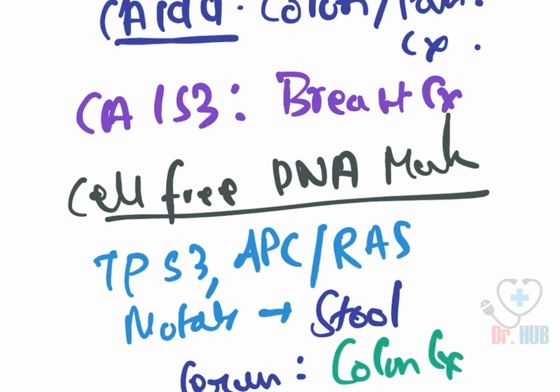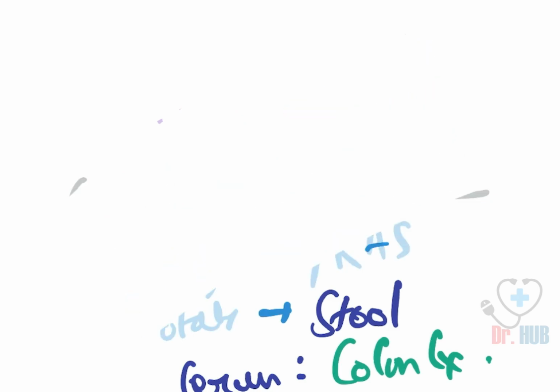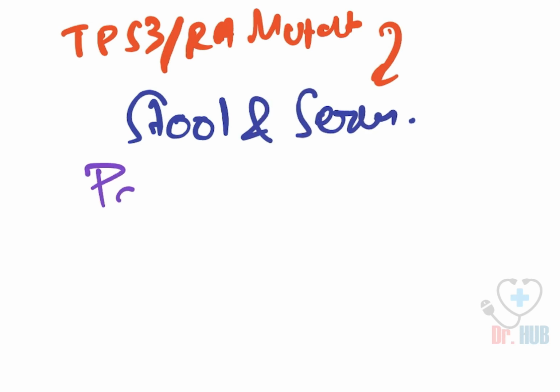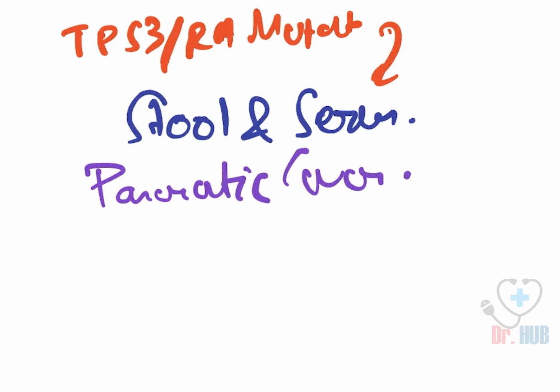It is seen in case of the colon cancer. And next, looking at the similar one, that is the TP53 and RAS mutants, present in the stool as well as the serum. This is seen in case of the pancreatic cancer.